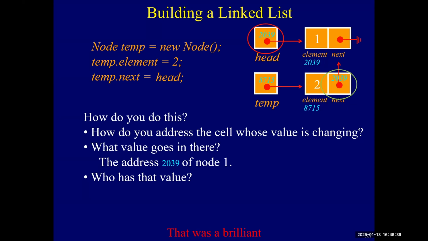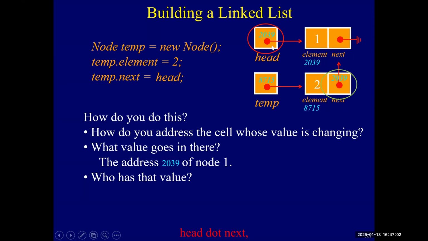See what I mean? That was a brilliant question, and that's the sort of complication, right? Now, maybe my picture is not good. So you never point to a field, all right? You always point to the whole record. So this is not pointing to the next field.